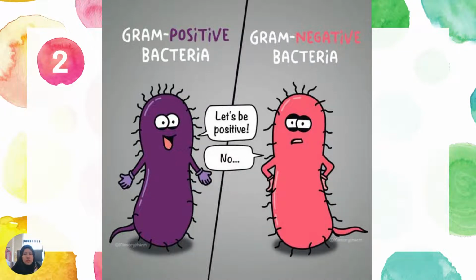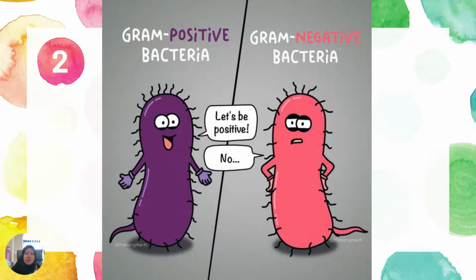So this is the mnemonic on how to remember how to identify the gram positive bacteria and the gram negative bacteria. At the end of the gram staining process, the smear or the cultures will only be in two colors. It will be either purple, or something reddish or pink.